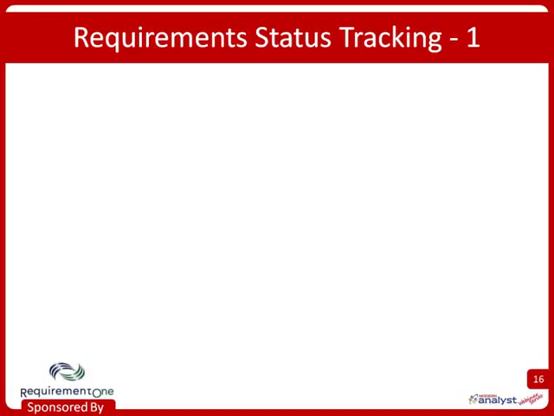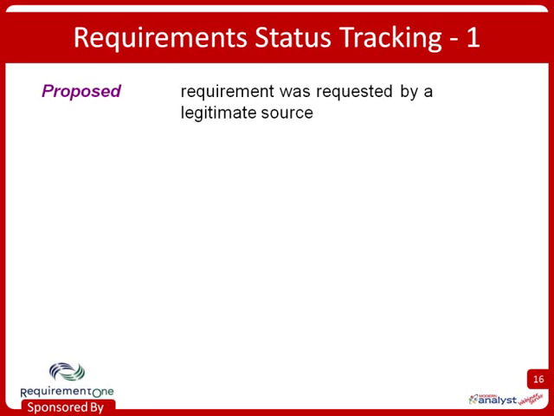So I think maybe a better way to track project status is to describe what percentage of the requirements allocated to the product baseline have various statuses. So I think that's one of your basic requirements attributes. Let me show you some possible statuses you might consider that will characterize the life cycle of a proposed requirement. Perhaps it starts out as being proposed.